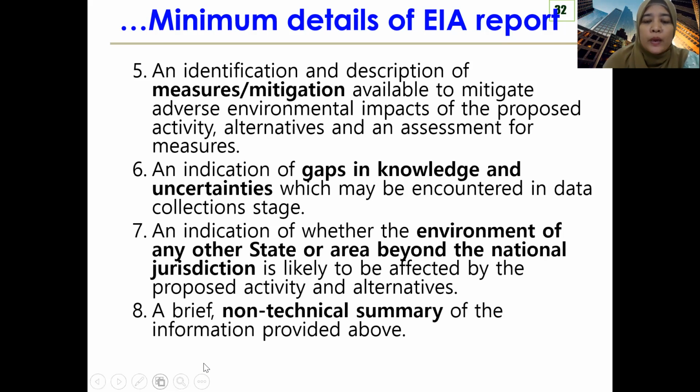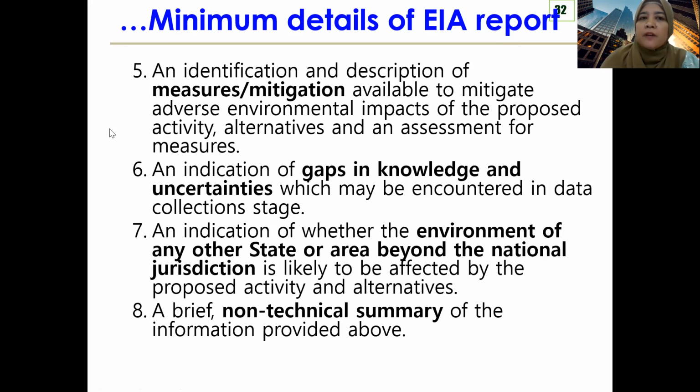An indication of whether the environment of any other state or area beyond the national jurisdiction is likely to be affected by the proposed activity and alternatives. So if there's any potential impact of that development to another state, di kawasan yang lain, di negeri lain, must be stated as well. And finally, a brief non-technical summary of the information provided above.